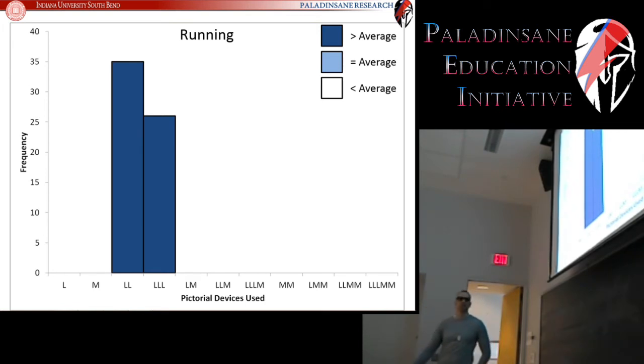So the statistics we did on this, we won't go into, but anything that is blue, these dark blue bars, those are combinations that were used way more often than you would expect by chance, right?